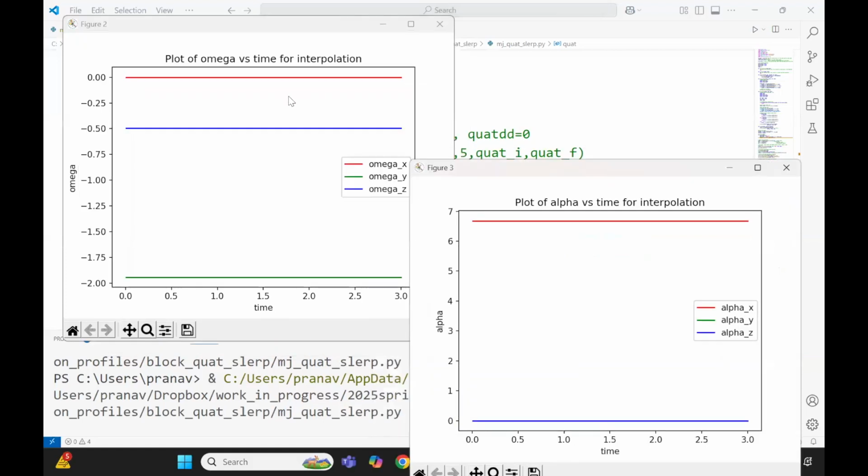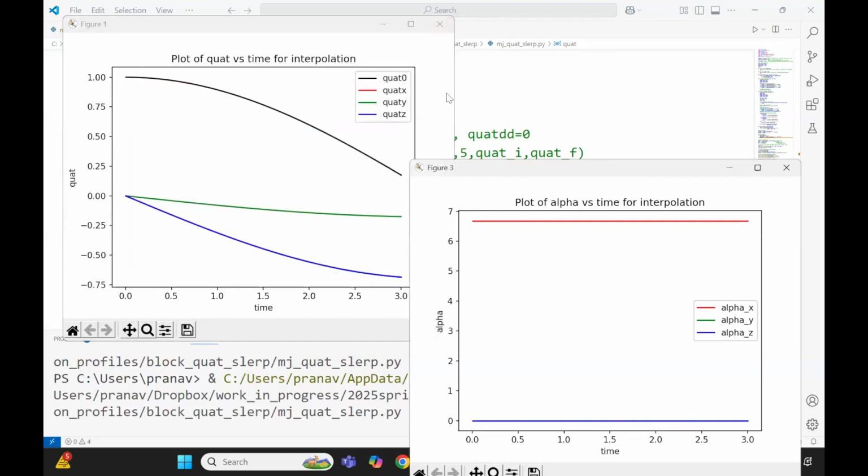So this one, the omega now is constant by using SLERP. And that's what you want. You want the end effector to move at a constant speed. Alpha is always constant because you can look from the expression.